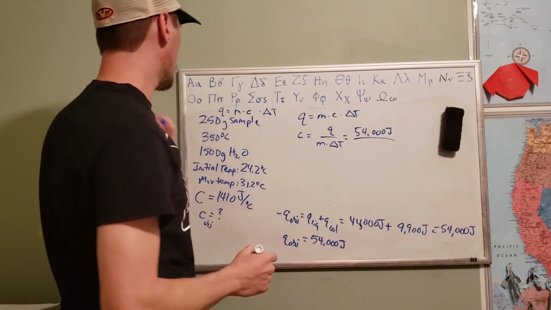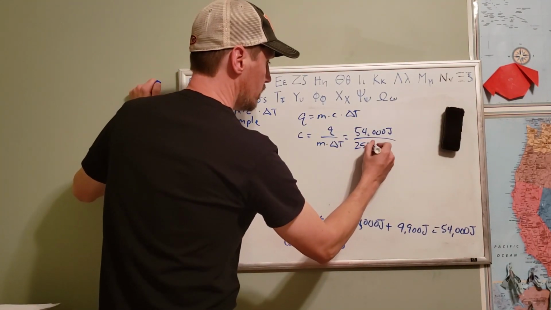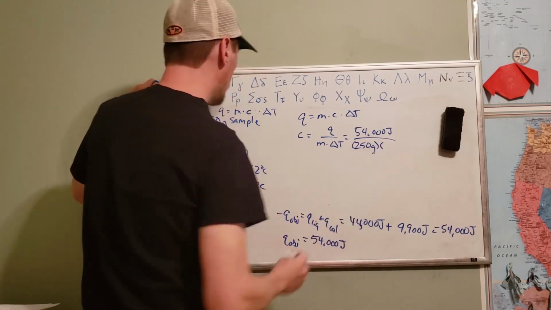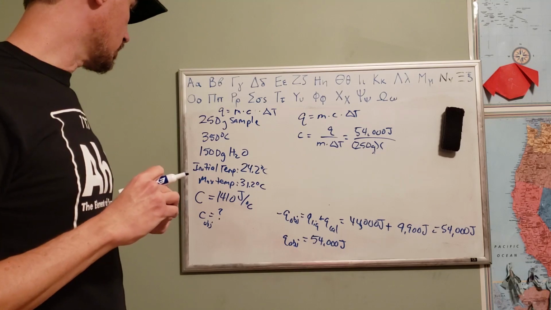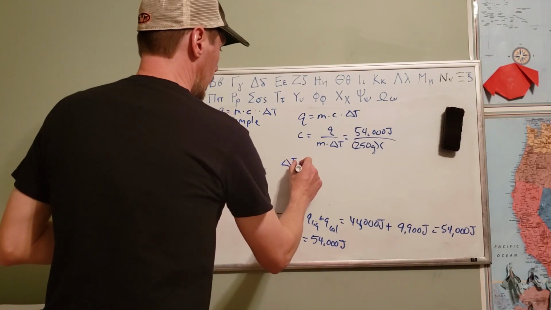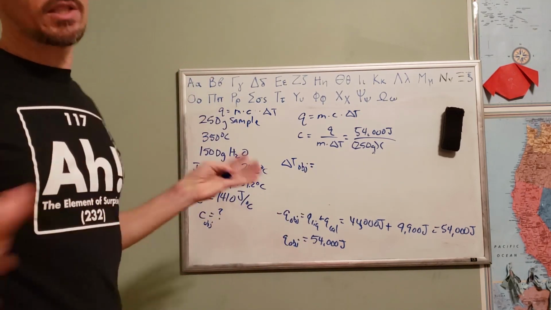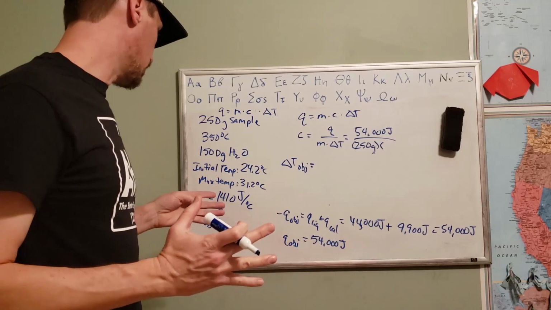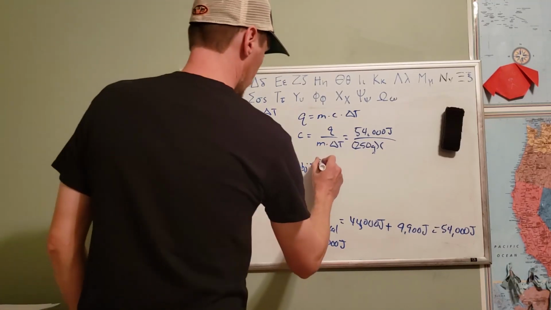And so Q in this case is 54,000 joules. The mass of our object, we were told, is 250 grams. So 250 grams. And then the change in temp for the object, we actually haven't calculated that yet. So we need to know what the change in T for the object is. What we do know is that the final temperature, everything's the final temperature, is the same temperature at the end, right? So at the end, everything is 31.2 degrees Celsius.